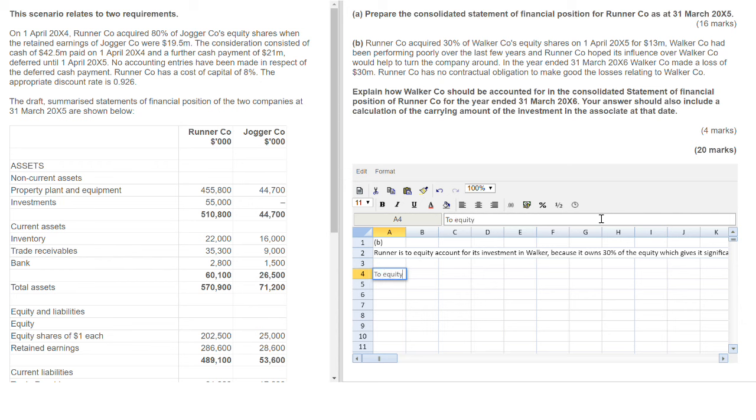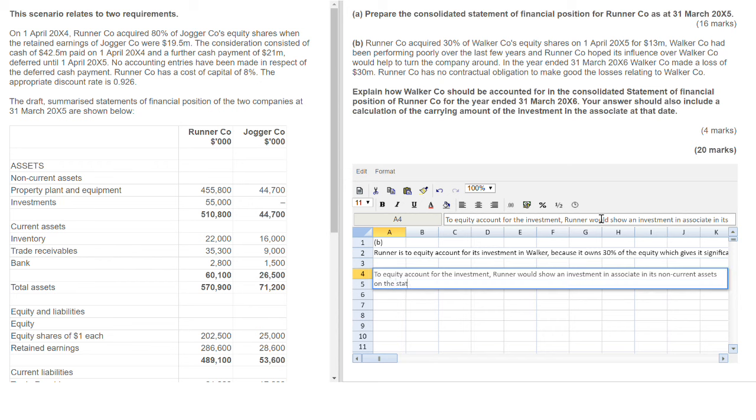So to equity account for the investment, Runner would show an investment in associates in its non-current assets on the statement of financial position.